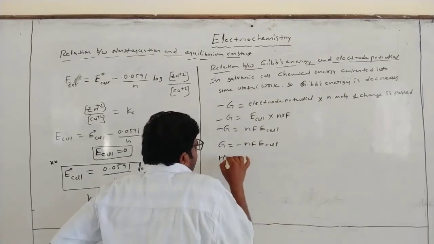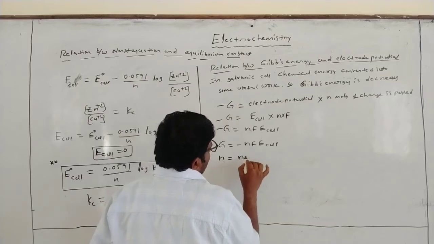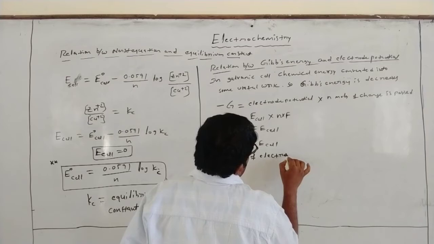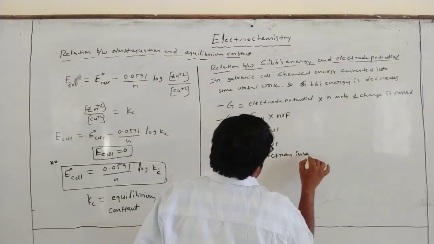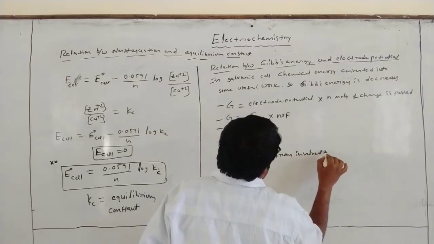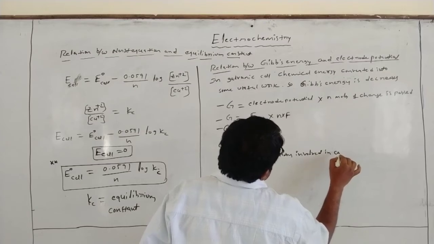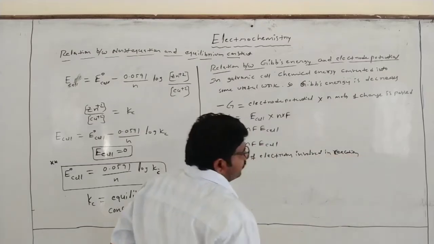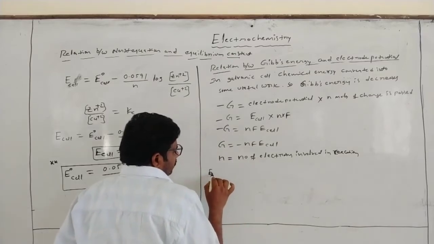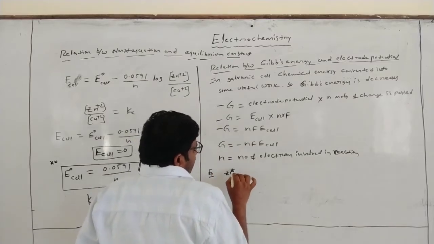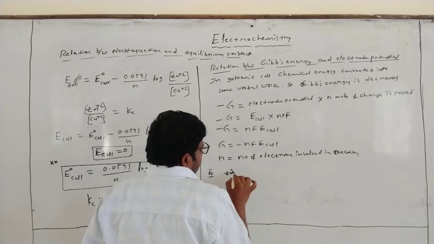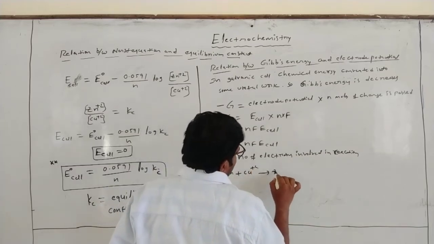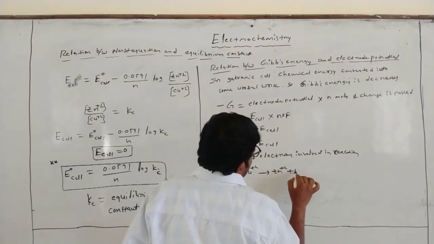Here n is the number of electrons involved in the reaction. For example, Zn plus Cu plus 2 gives Zn plus 2 plus Cu.